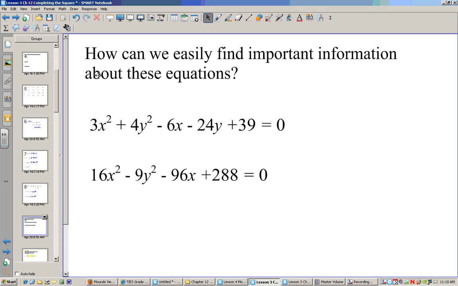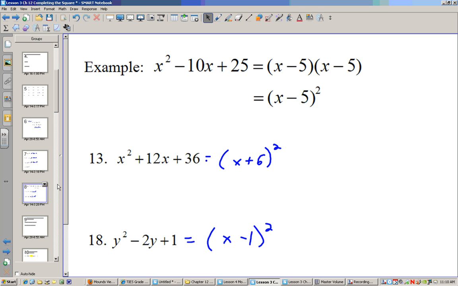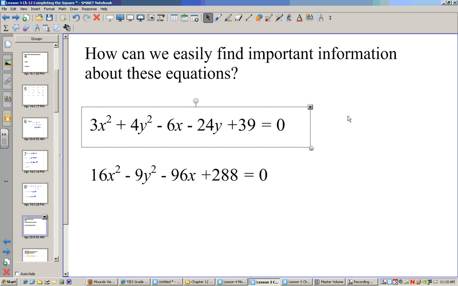How can we easily find important information from these equations? Now, the standard form is really easy to find important information and how to graph it, but equations like this are pretty difficult. So we need to find some way how we can write these so we'll be able to graph them.